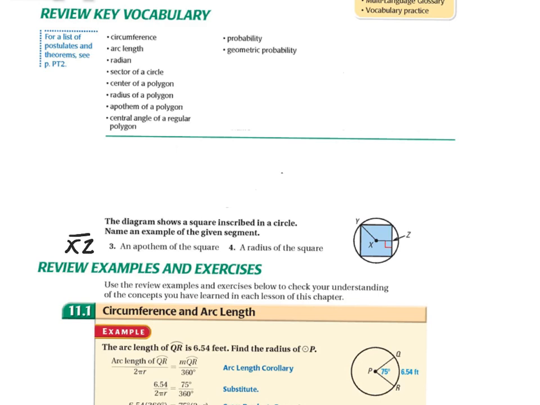Then it says to identify the radius of the square, and I'll do that in blue. And that's going to be XY.